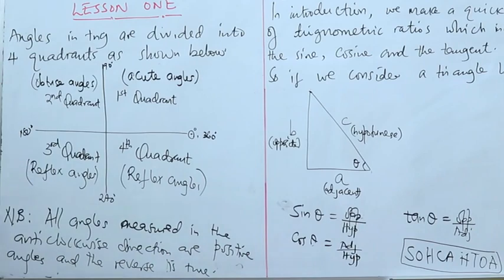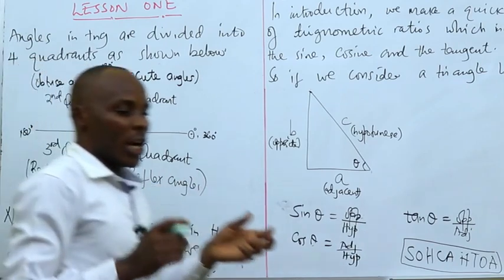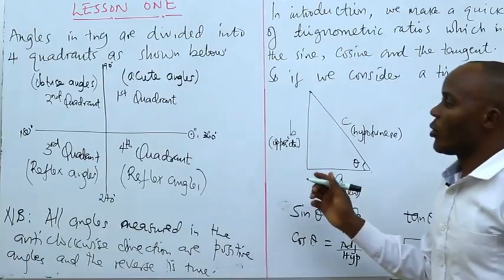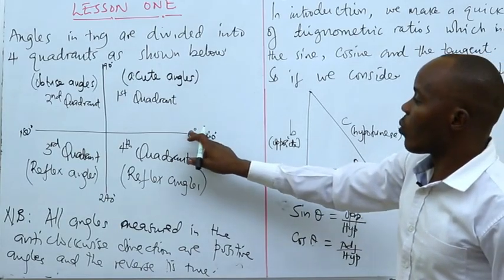What am I meaning? I've said we measure angles in trig. We measure angles in the anti-clockwise direction.